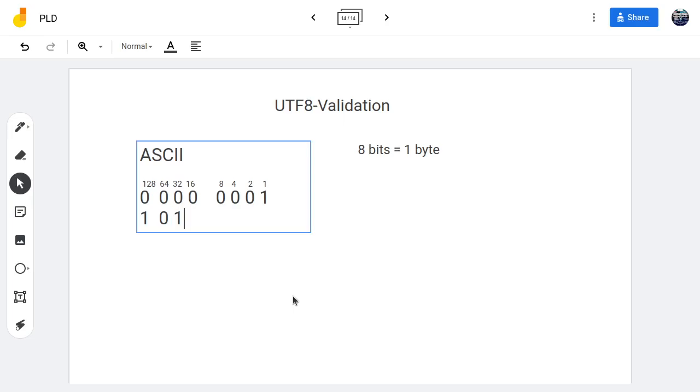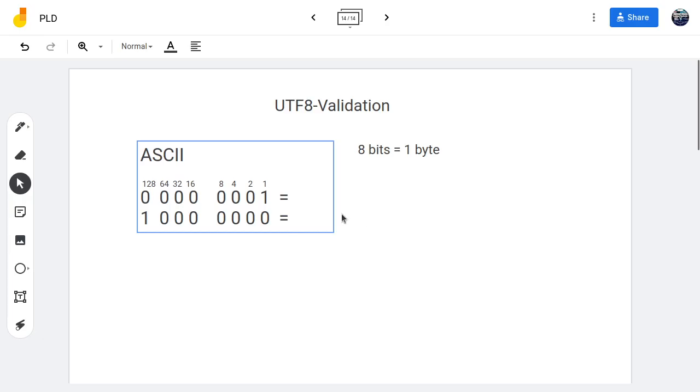Okay, let me start with something simple. If we had it like this, all zeros, 0 0 0, what do you think would be the number? What do you say, 3?